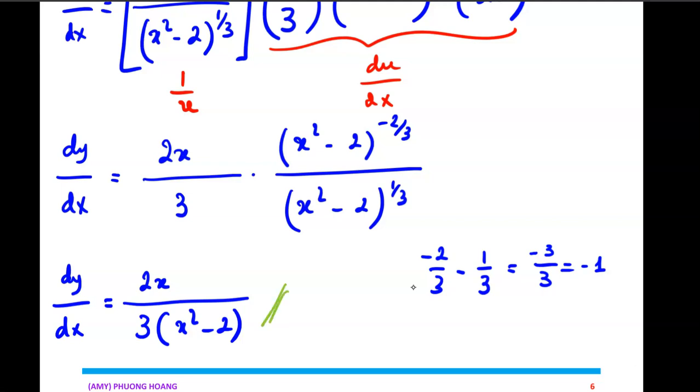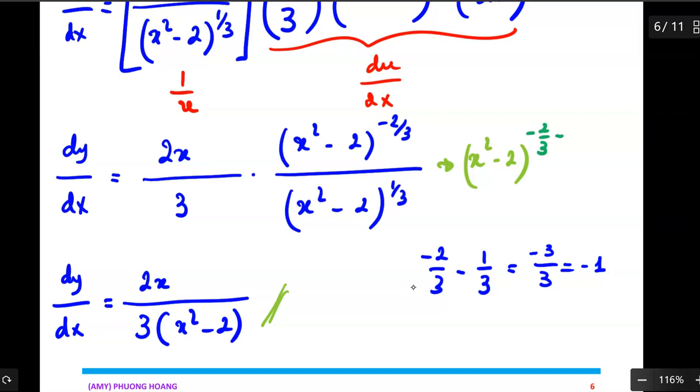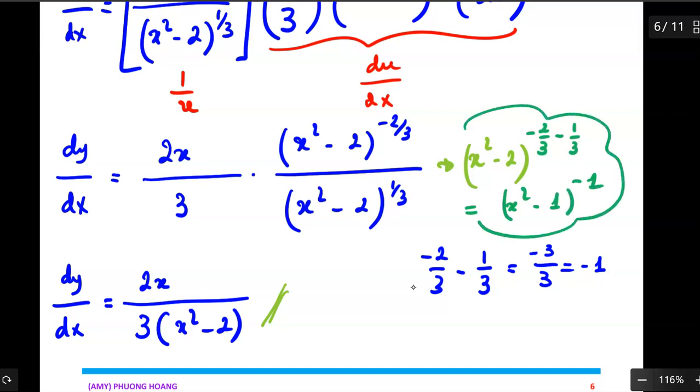I can make a note here that x squared minus 2 to the negative 2/3 subtract 1/3 gives x squared minus 2 to the negative 1, and I bring it down to the bottom to make it a positive exponent.